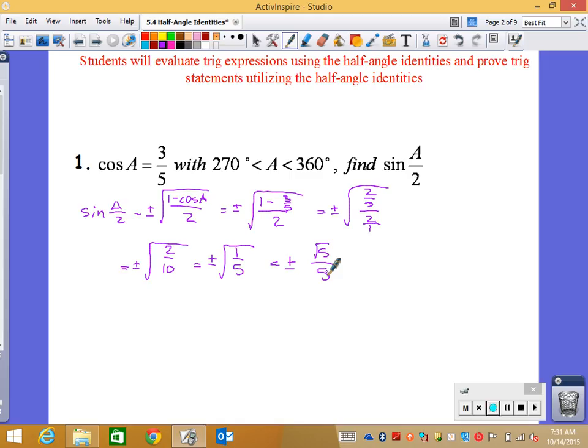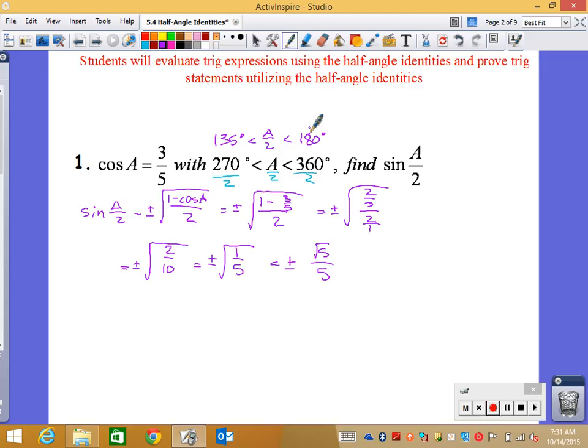However, how do I know if I'm using the positive or negative one? In order to figure that out, we're going to use my full angle interval. Now to find my half angle interval, I'm going to divide all 3 things by 2. That'll give me an interval for A over 2. So the interval of my answer here is going to be 135 less than A over 2 less than 180.